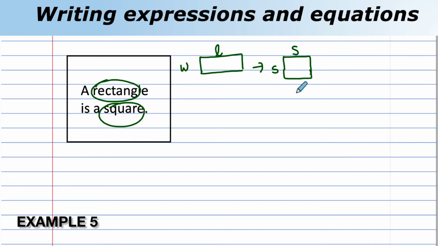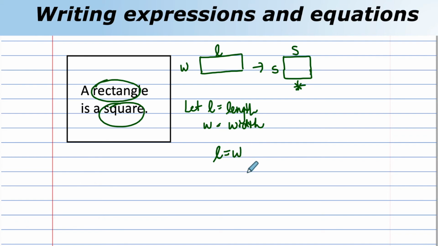So they're talking about a square. If we say let L equal length, we can say W equals width, and the equation would be L equals W. As simple as that.